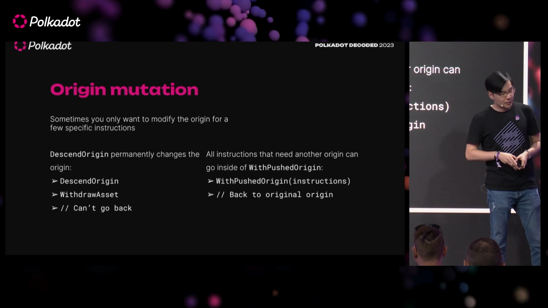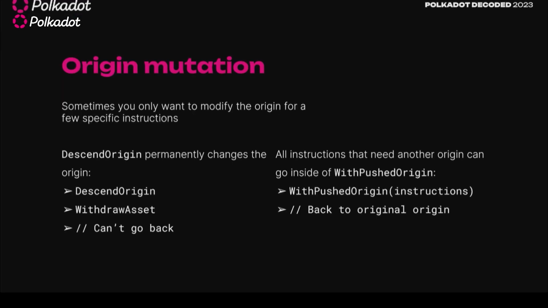Next feature, origin mutation. Now, this here is a feature that is going to be very interesting for those of you who have been working with XCM, specifically with reserve asset transfers and teleportation.